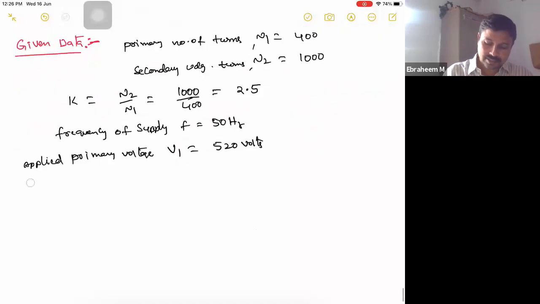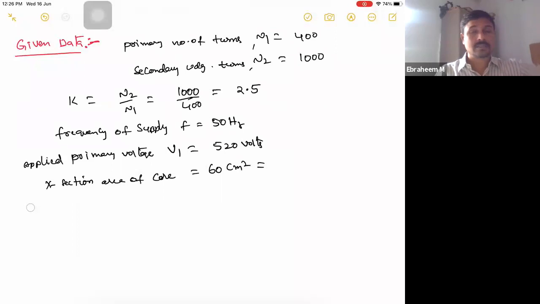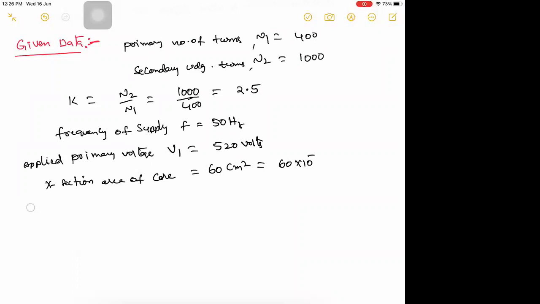And cross section area of the core is 60 centimeters square. As per SI standard, it should be converted into meter square: 60 into 10 power minus 4 meter square.